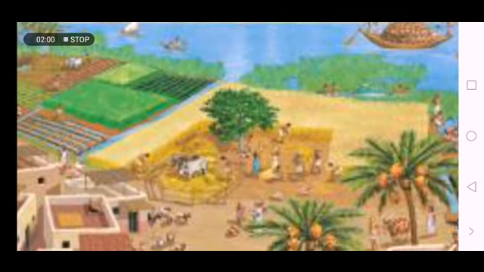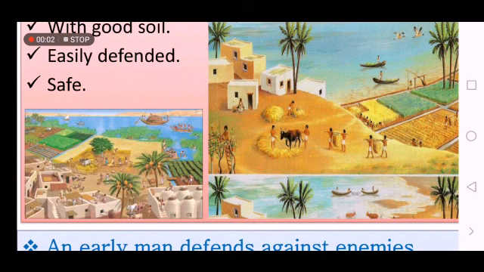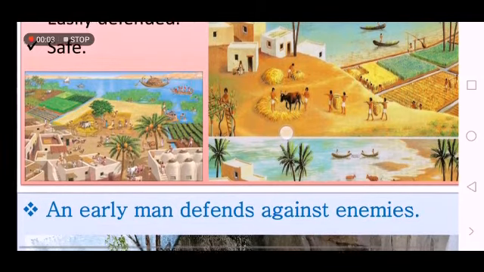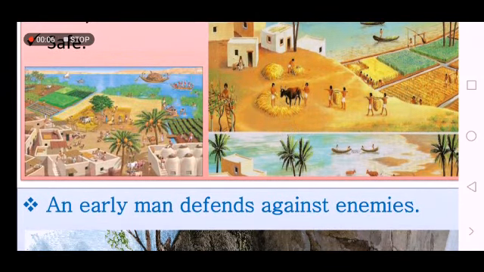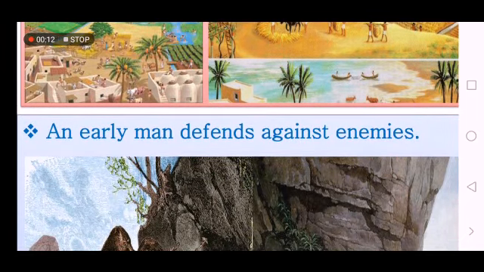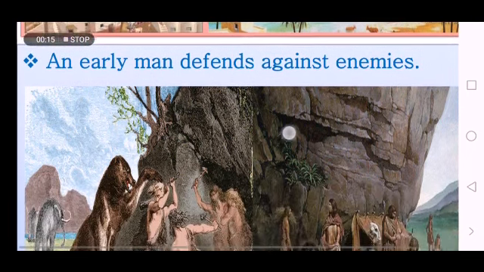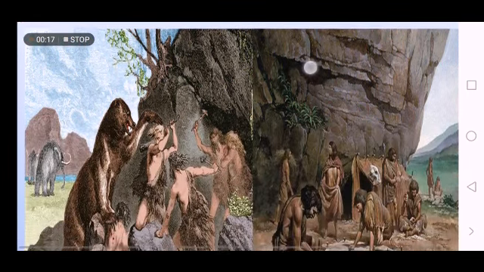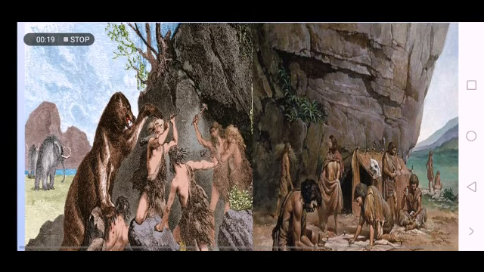Another thing for places to be good for farms and for building villages was that a place had to be safe, so enemies cannot reach it easily, and the farmers and the early people could defend themselves against the enemies.